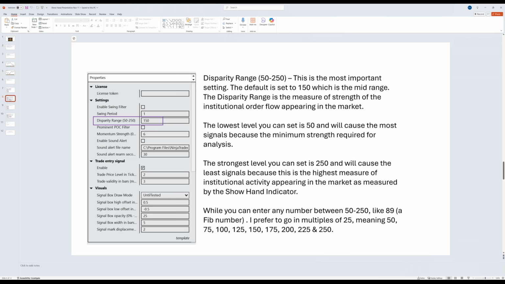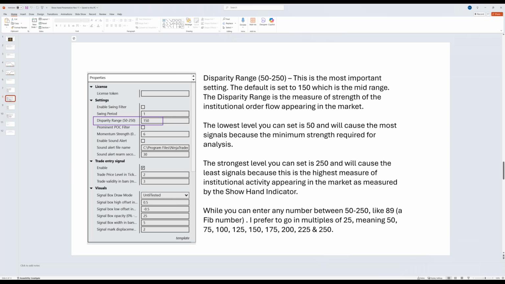And if you're going to ask me what goes into the disparity range, it is how the order flow is being transacted in the market, relative to surrounding volume. Okay, and that's going to give you the clue as to is there actual institutional activity or not?